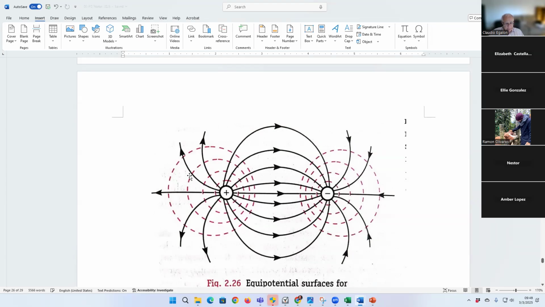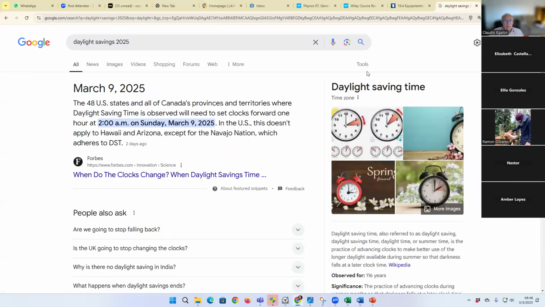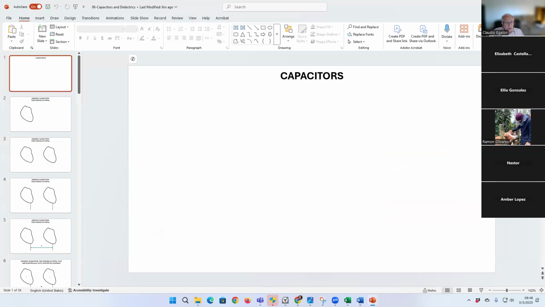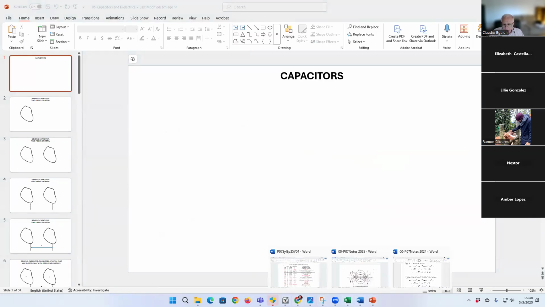That's what you have to know. And normal means perpendicular to a plane tangent to the surface.